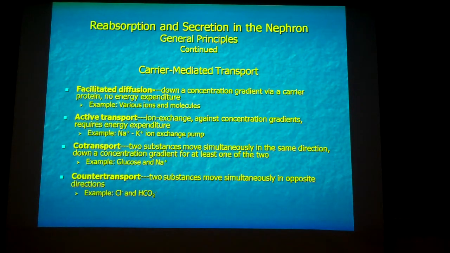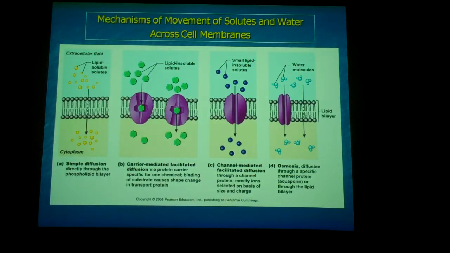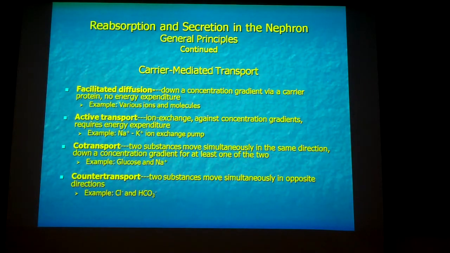As far as this one goes, the carrier-mediated transport, here are some subcategories of that. Facilitated diffusion is things moving down a concentration gradient via a carrier protein. Doesn't require energy. Some things do require energy, like the movement of sodium and potassium. Sodium is mainly an extracellular ion. Potassium is mainly an intracellular ion.